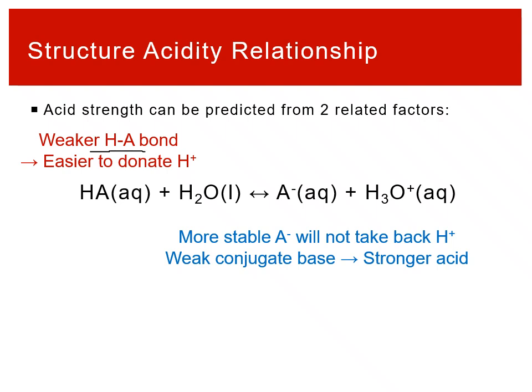Is it relatively easy to donate H pluses? Or is the acid strong because the conjugate base is really weak? Is this molecule bad at taking on H pluses, meaning that it can't really do the reverse reaction very well, meaning the equilibrium will lie on the product side? So either of those can be used to analyze and understand these acidity trends.